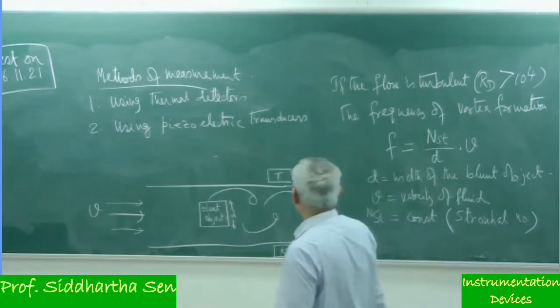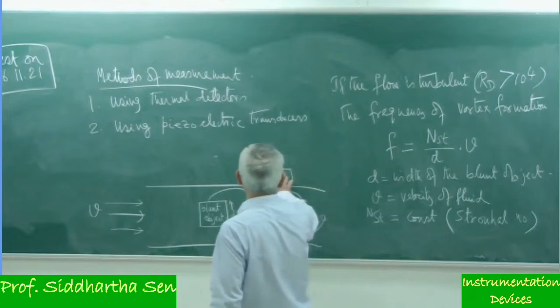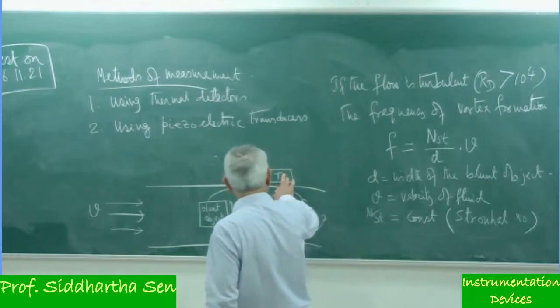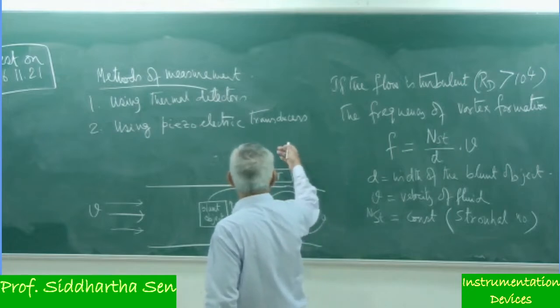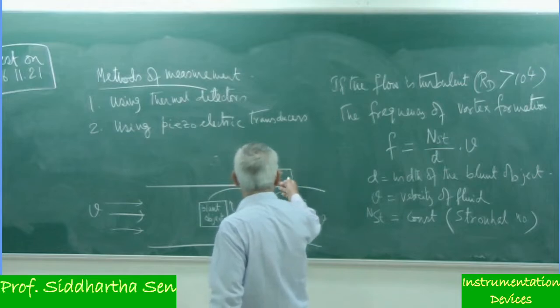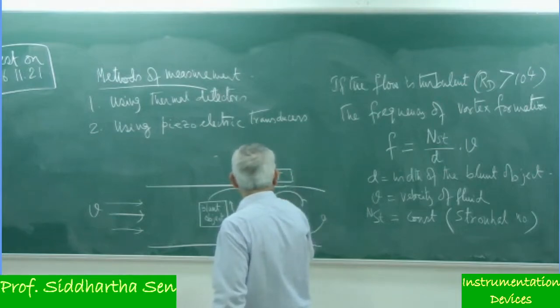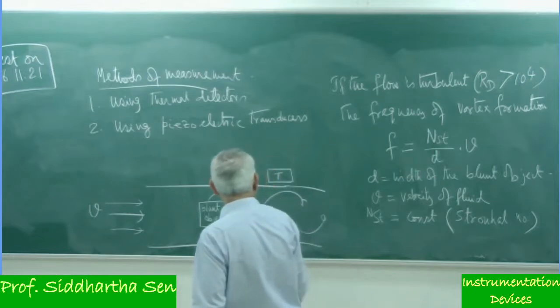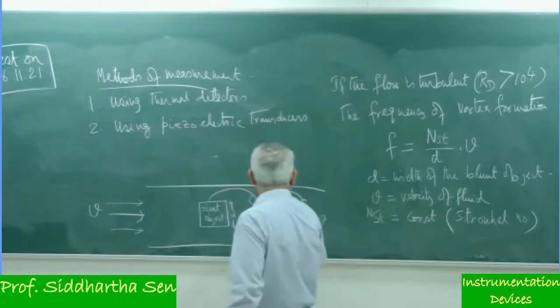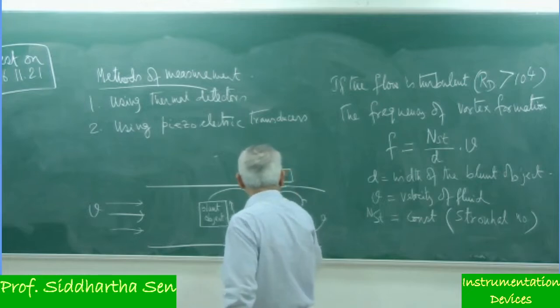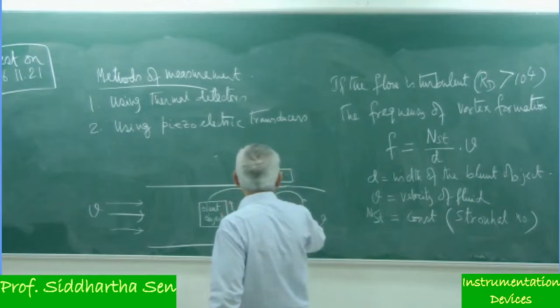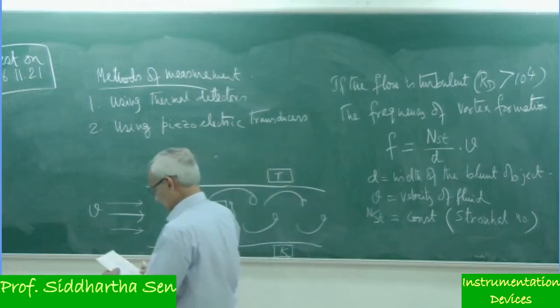So here we can have a piezoelectric transmitter, which is basically an actuator that will send an ultrasonic wave or pulse at this point, and there is a receiver that will receive it, and then we can get the modulation like this.